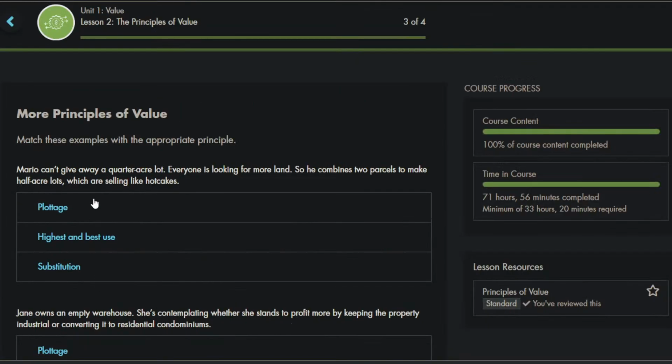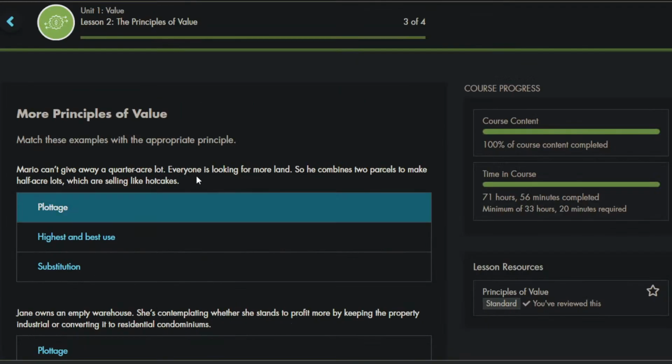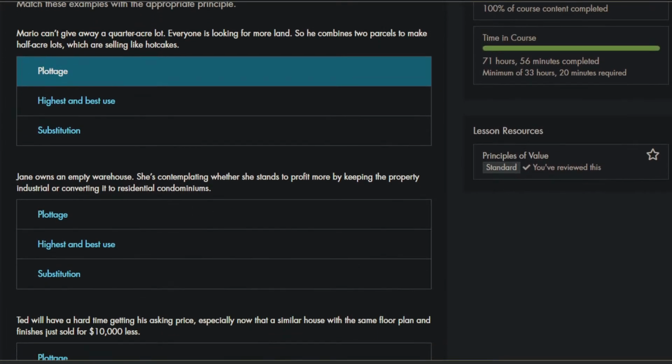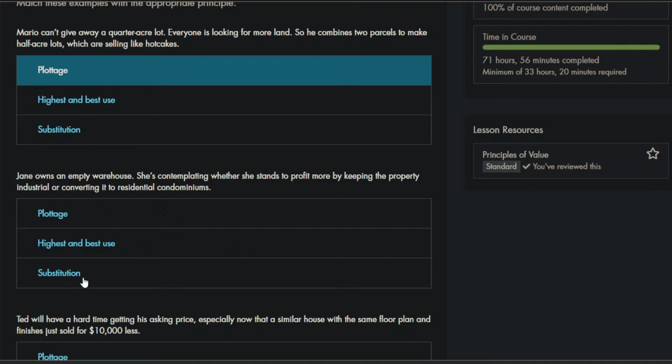Let's reread it. Okay, this was plottage. We know that. Combined a couple acres, a couple plots. So they're saying this is substitution. Jane owns an empty warehouse. She's contemplating whether she stands to profit more by keeping the property industrial or converting it to residential condos.